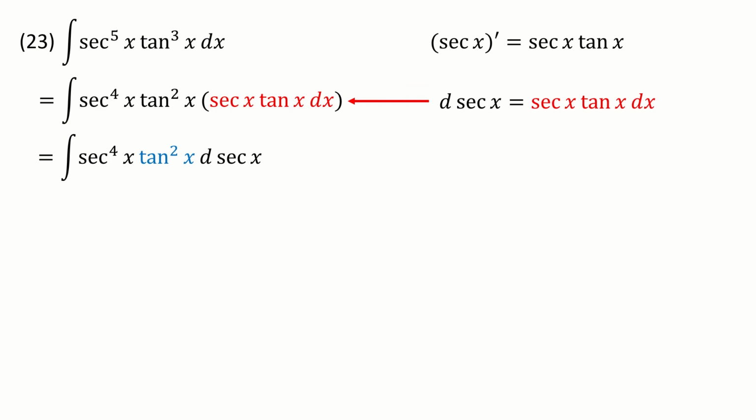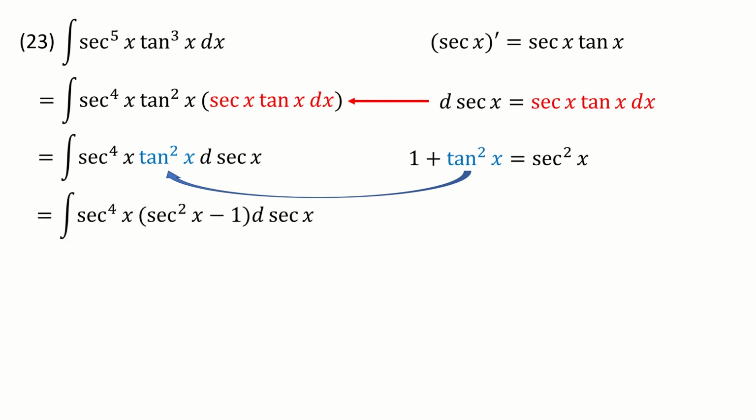So we got here. Next, we will deal with this tangent square term. We can use the trigonometry identity here because 1 plus tangent square equals secant square. Then we plug in. So we can replace the tangent square with secant square minus 1. Now we are ready to use the substitution.